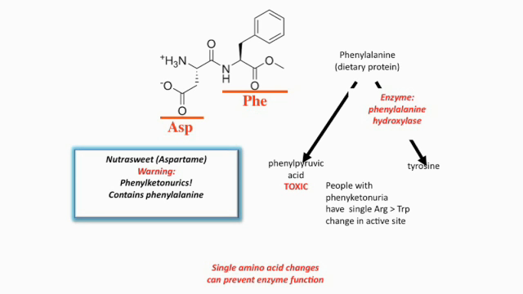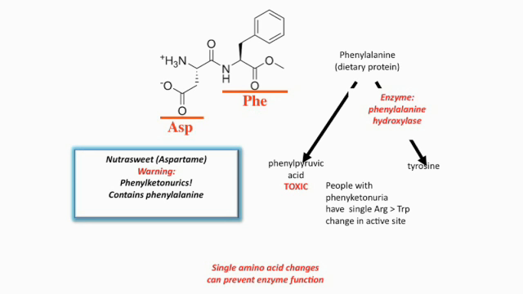Normally, when you eat phenylalanine, you use some of it to build proteins, that's good, but then you convert a bunch of it using this enzyme called phenylalanine hydroxylase into tyrosine, which you may remember is another amino acid. And then you use tyrosine, and tyrosine goes on to do a bunch of other things. If this enzyme is absent, then you get a side product whereby the excess phenylalanine makes this stuff called phenylpyruvic acid. And that is a neurotoxin, and it poisons the nervous system, and people have very severe symptoms.